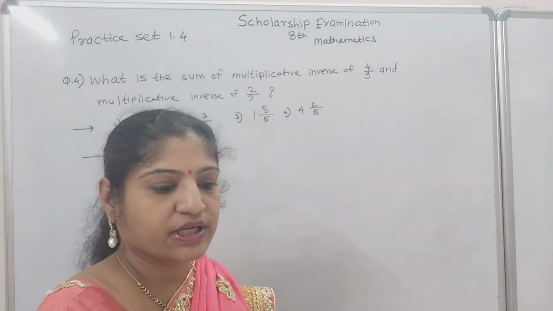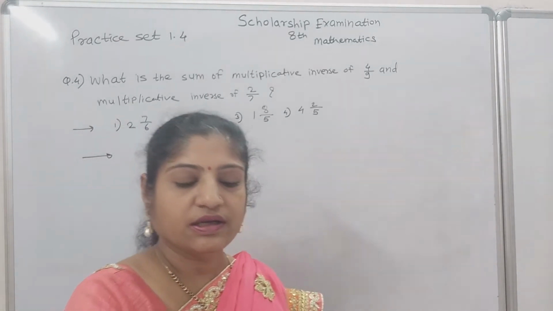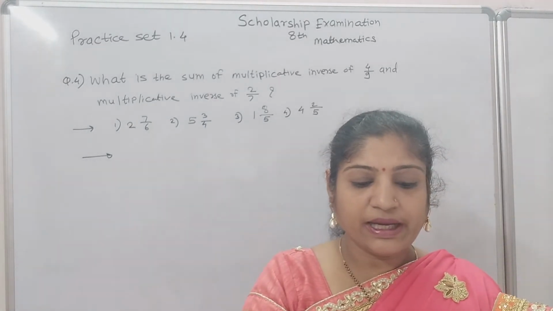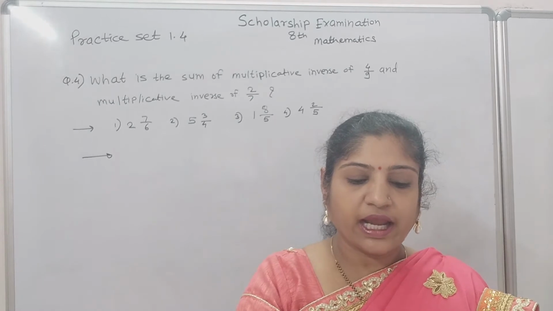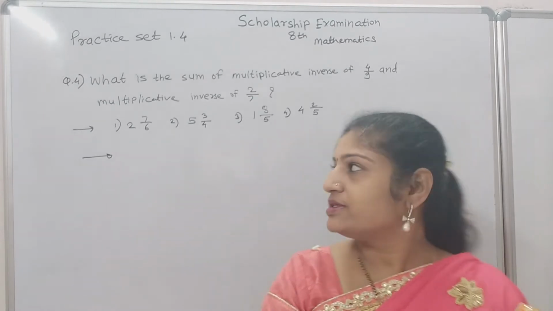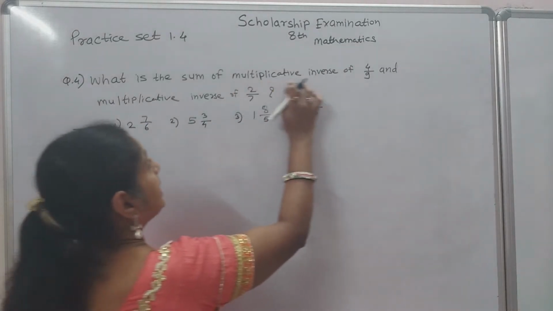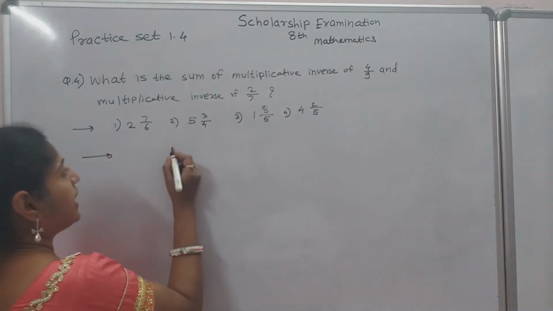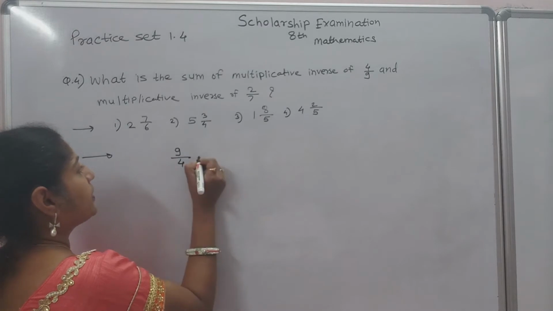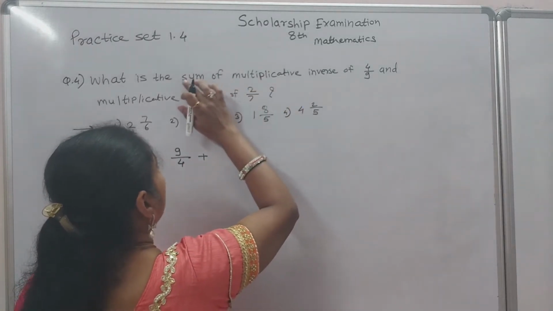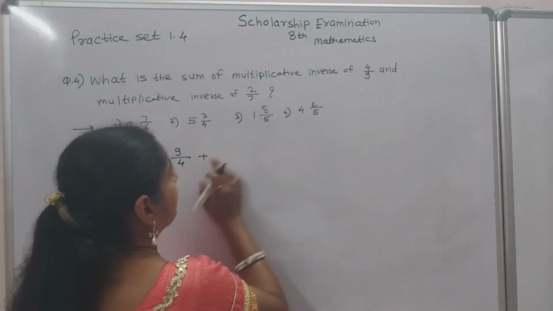Now the next question is: what is the sum of the multiplicative inverse of 4 upon 9 and the multiplicative inverse of 2 upon 7? First we have to find the multiplicative inverse of 4 upon 9, that is 9 upon 4, plus, since we have to find the sum, addition.